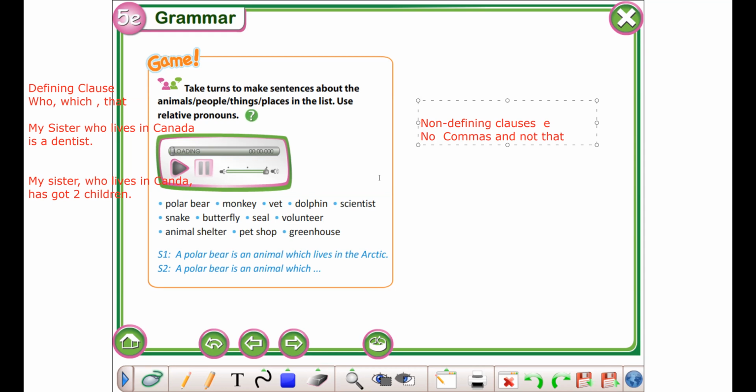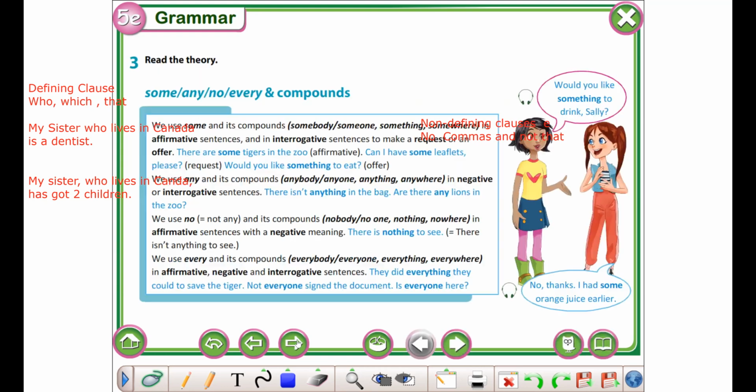Okay, Sami, could you read these definitions, please? What do they say? Some, any, no, every, and compounds on page 83 in the book. Okay.